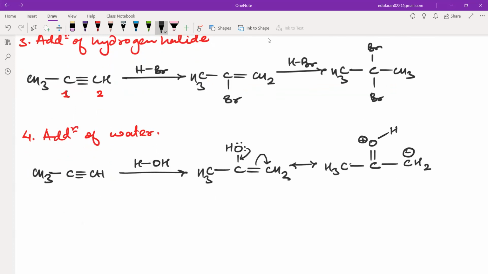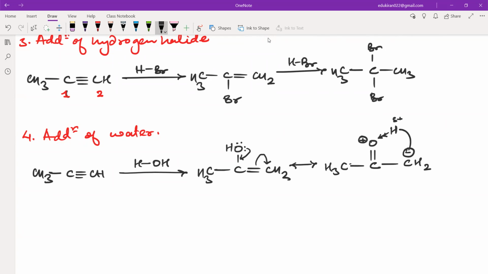Now, what happens? This carbon atom and this hydrogen. You know that this hydrogen is bonded to oxygen, which is already having a positive charge. Oxygen is electronegative. When it gets a positive charge, it becomes more electronegative, and it has the ability to pull more and more electrons. That is why this hydrogen becomes very highly electron deficient. And here we have a carbon atom, which is having electrons because it is negatively charged. So what happens?